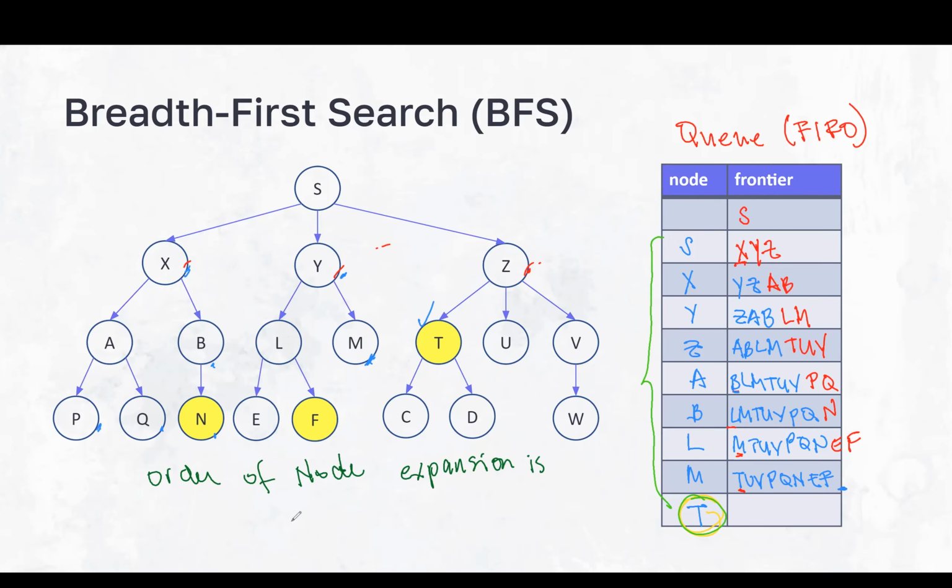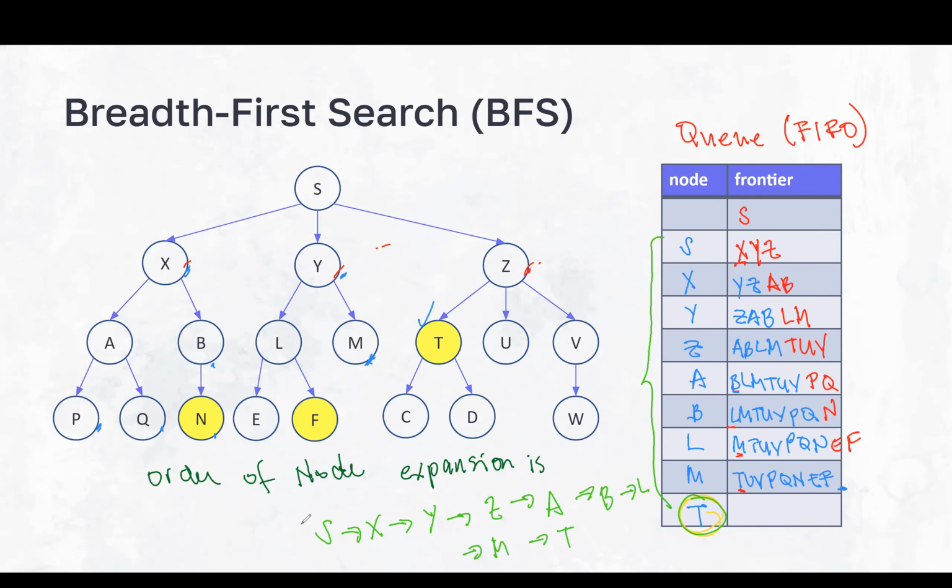We started with S. So we have S followed by X, followed by Y, followed by Z, followed by A, followed by B, then followed by L. I'll just write it below, followed by M, and then followed by T. So that's our order of node expansion.